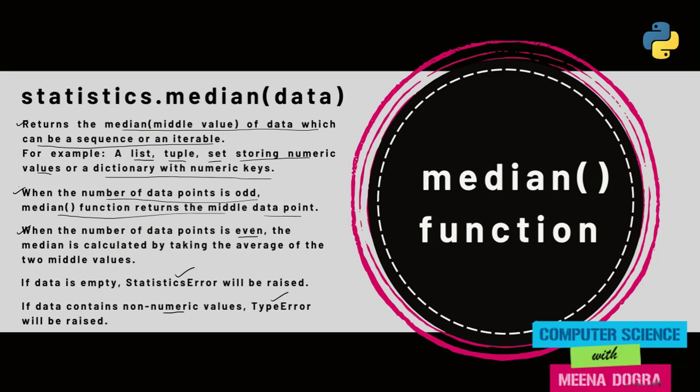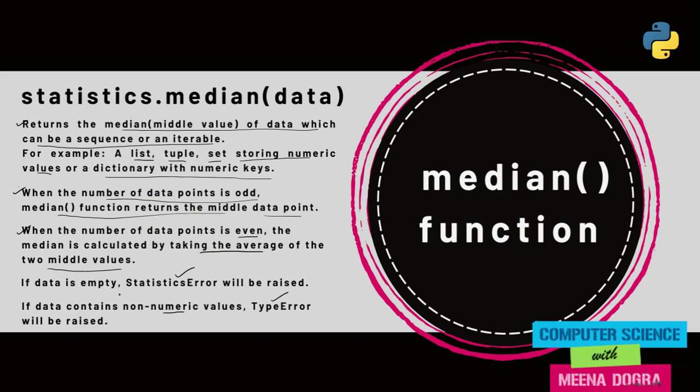It will have two middle values now, and how it is going to find out the median? It is going to take the average of the two middle values. So the average of the two middle values will be calculated, and then it will return the same to you. So with odd number of elements, you have an exact middle element, so that is going to be the answer. With even number of elements, you have two middle values, so their average will be the answer.